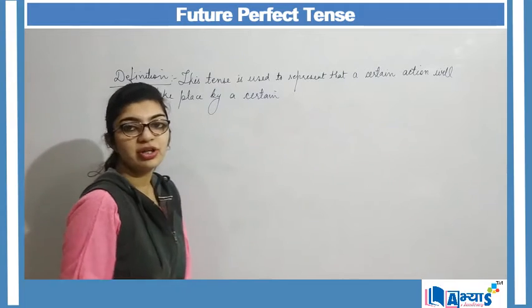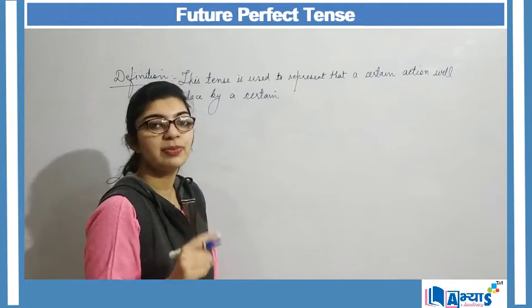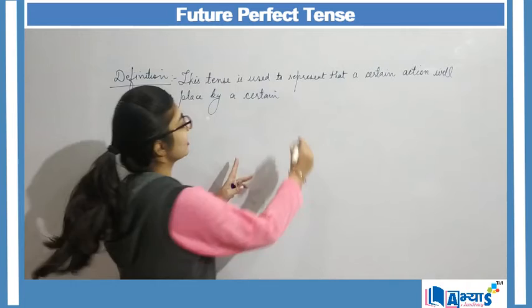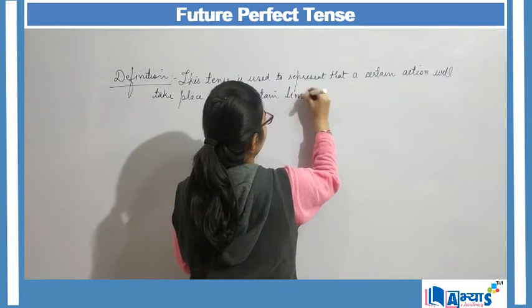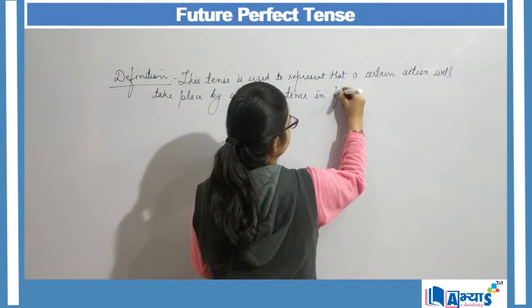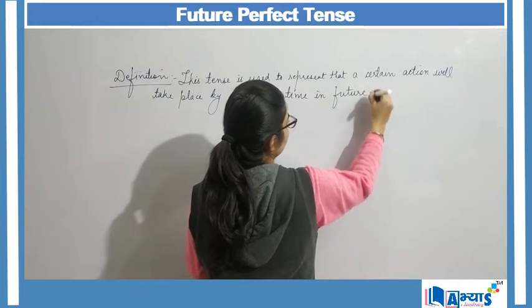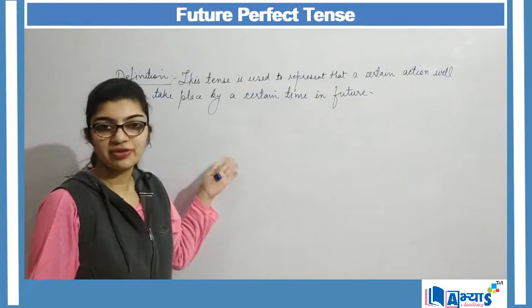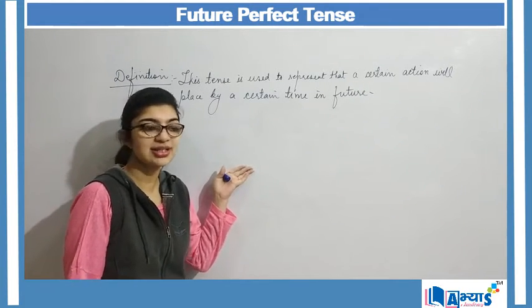And why in future? Because we are talking about future perfect tense. So by a certain time in future. So this is the definition of future perfect tense.